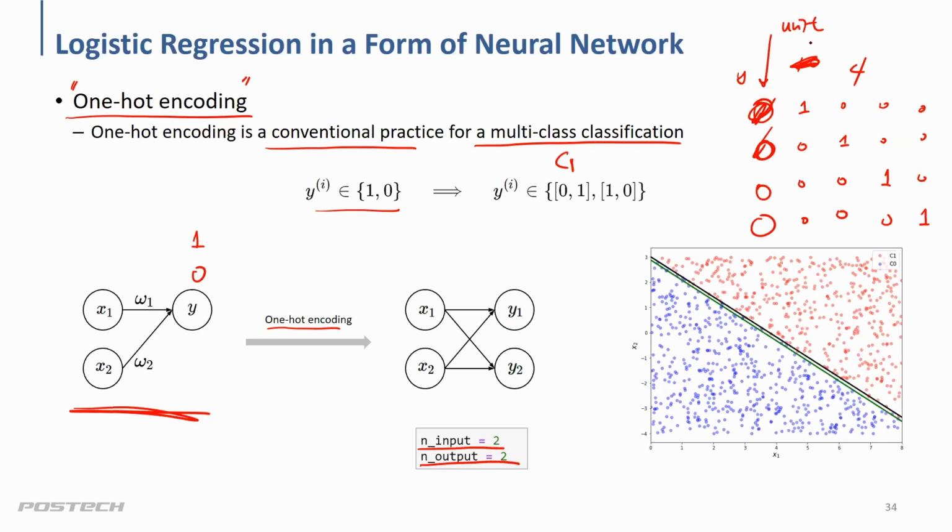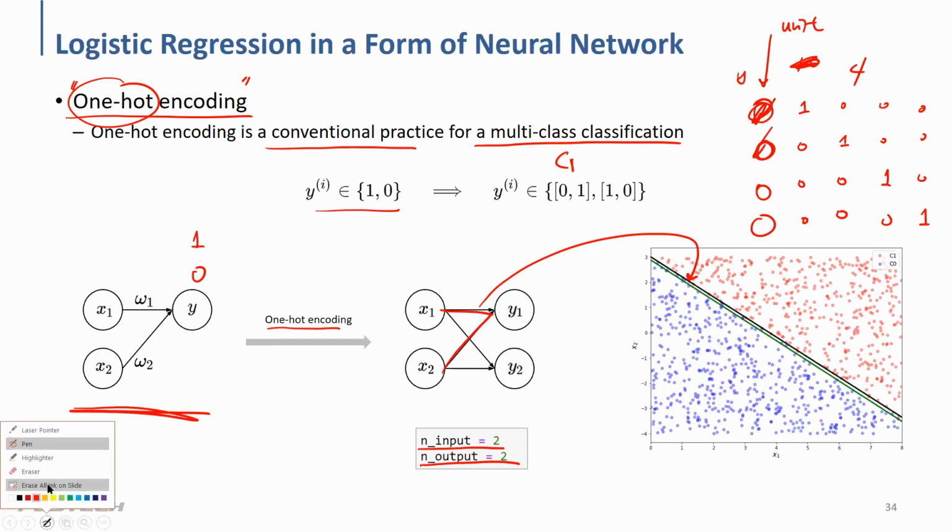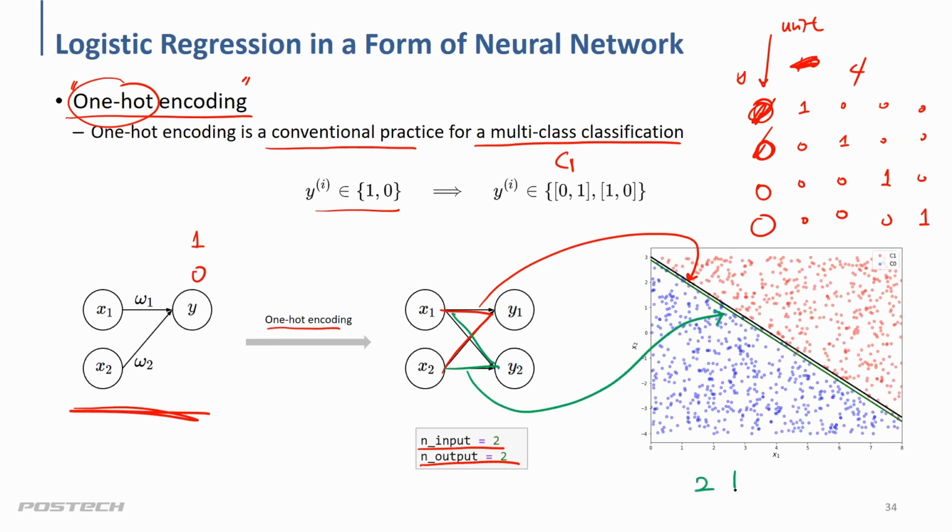So for one-hot encoding, you can have this one represent one of the lines, and this one represent another line. That's why here we have 2 lines.